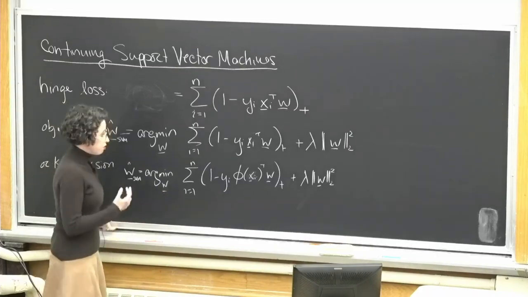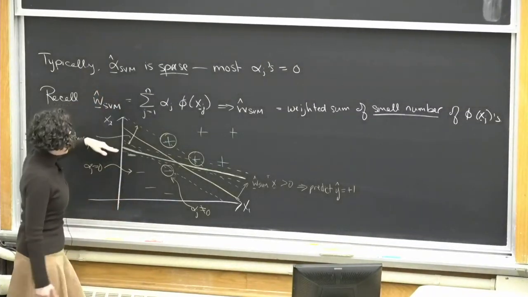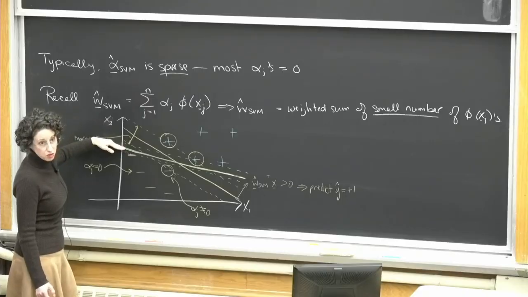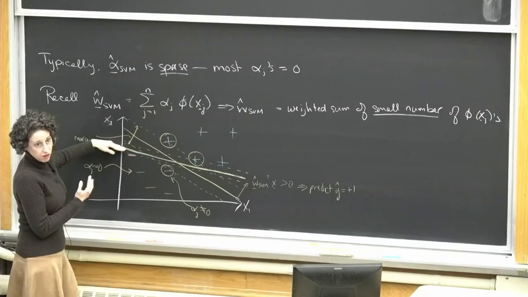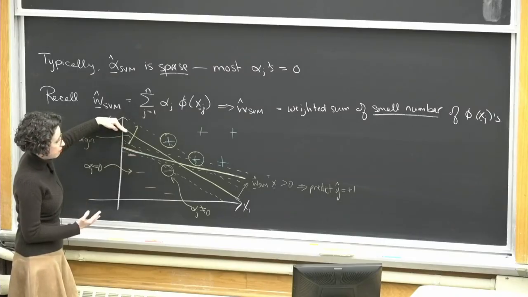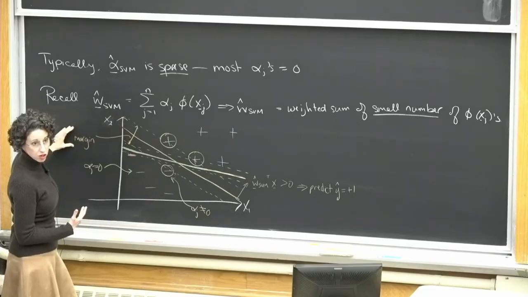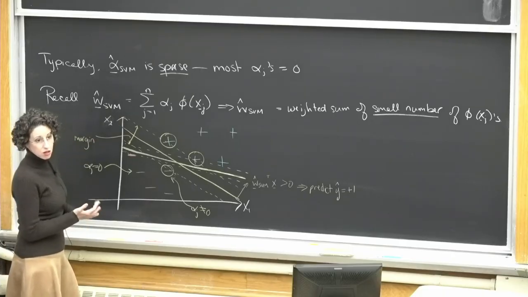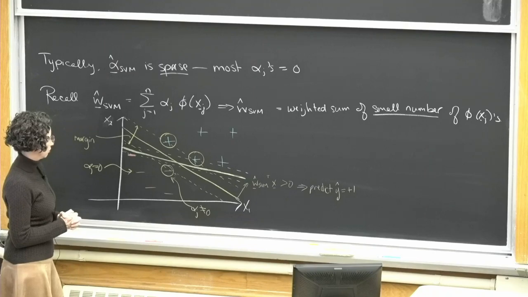And I'm saying during that search, we might consider this green decision boundary. But it is not going to minimize the objective function that I described. The one that minimizes the objective function, the one that I've drawn here in yellow, is the one that maximizes this margin.